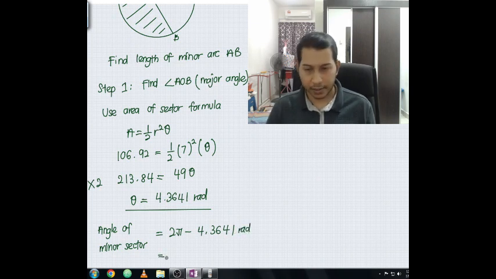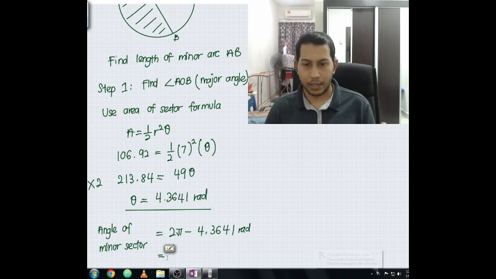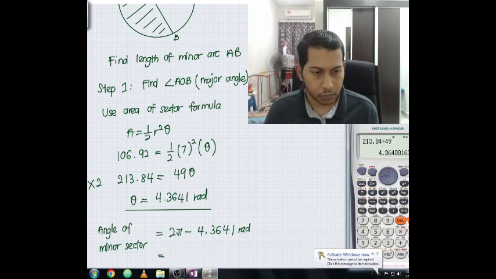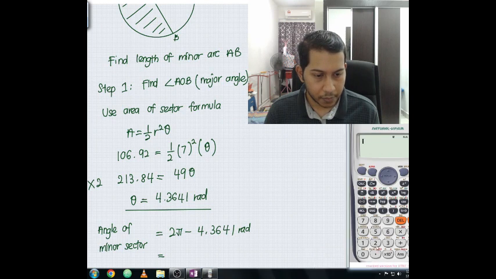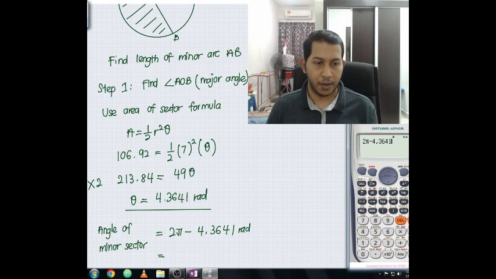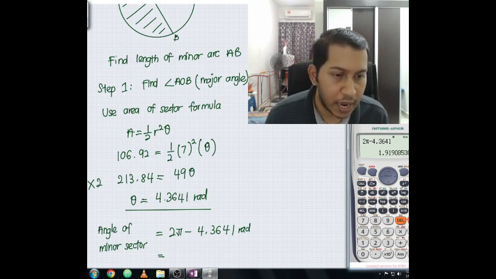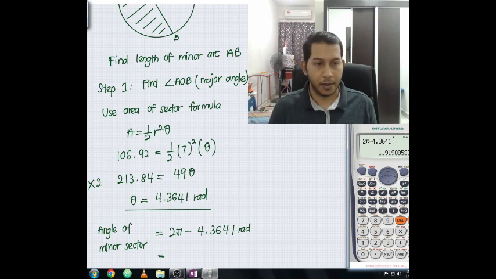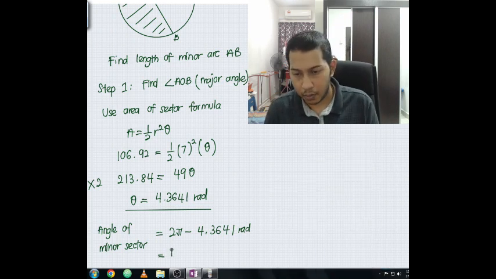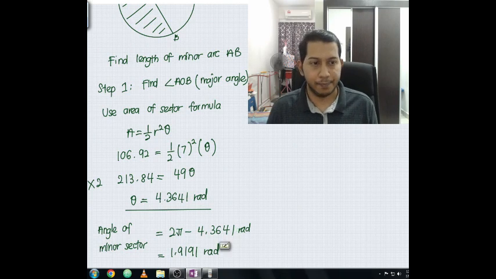Let us perform the calculation: 2 pi minus 4.3641. From here you get 1.9191 radian. So let me underline this.